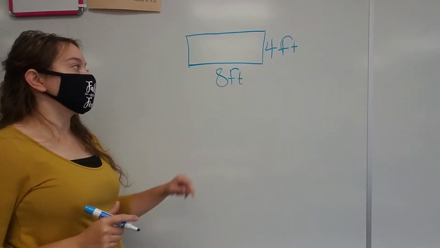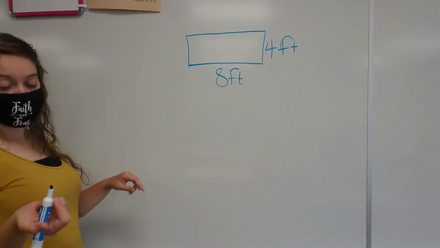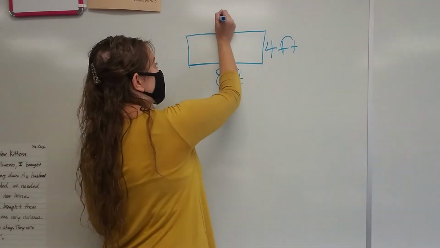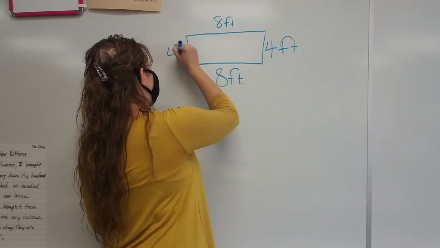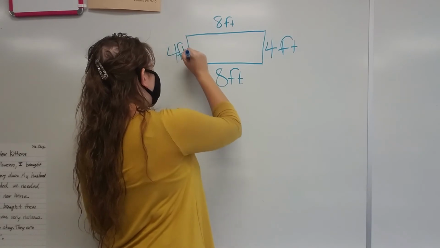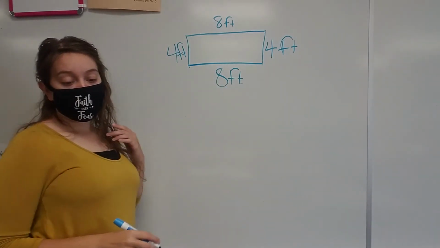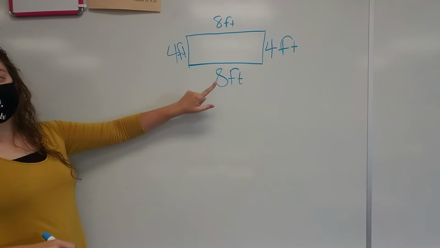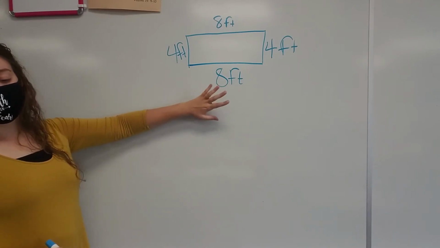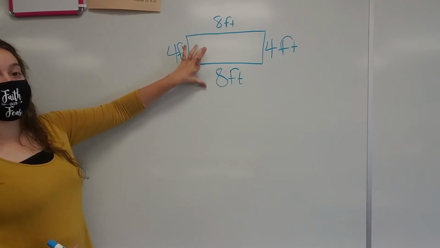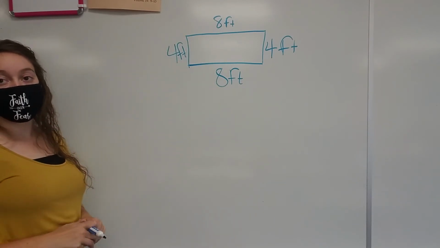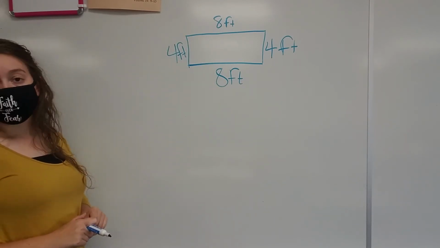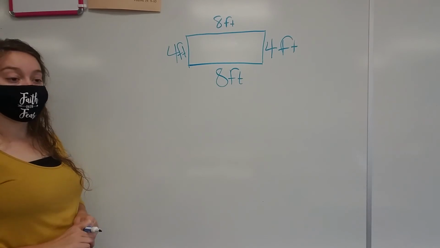So we close it up. Now, that means this is 8 feet, and this is 4 feet, okay? Any questions about this? You need to sketch this on your paper. You have 30 seconds. It's just a rectangle with 8 and 4.